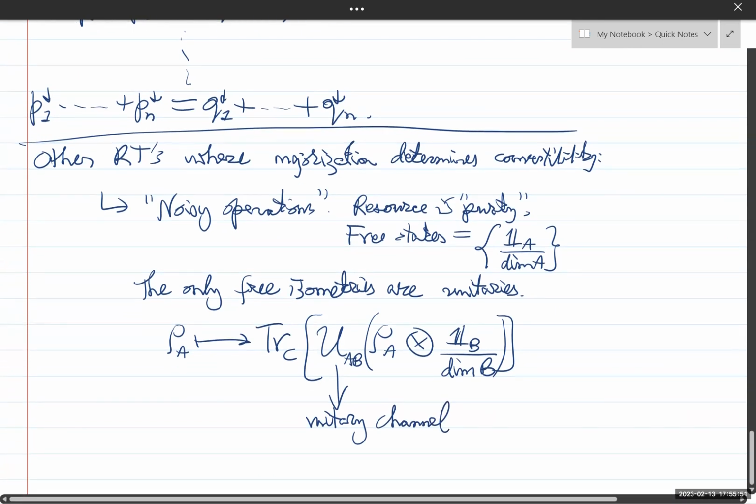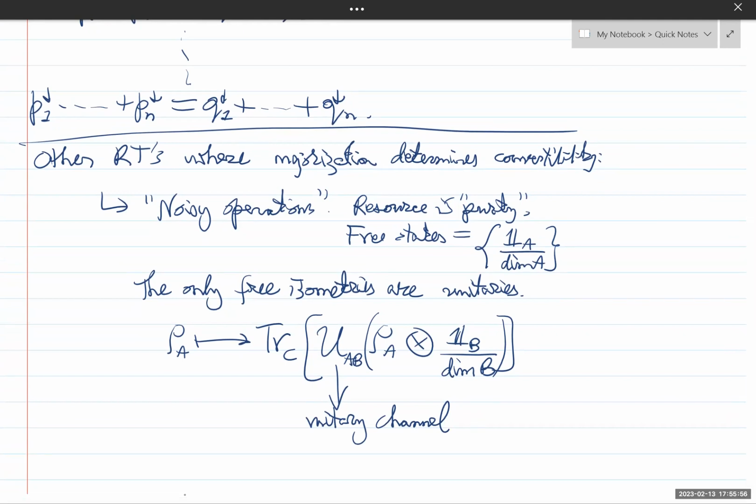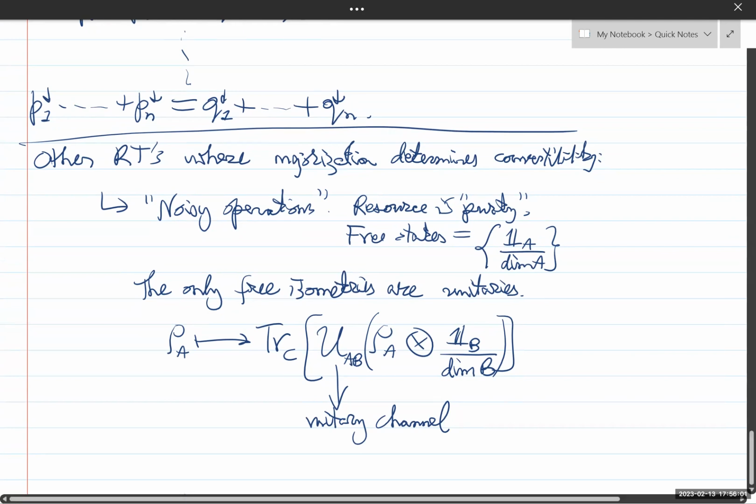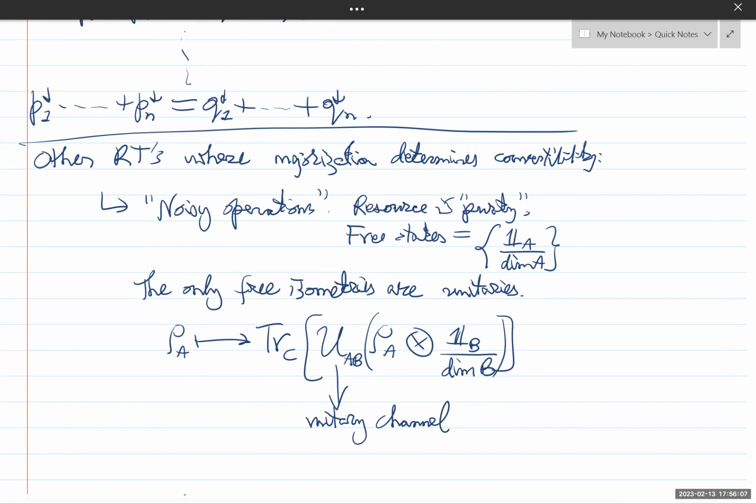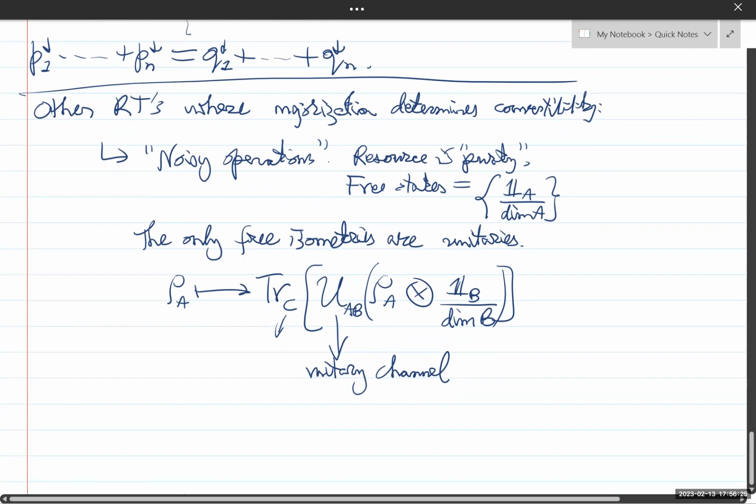So you just take the state you had initially, you attach an ancillary system B prepared in its maximally mixed state, apply some unitary on the space of A, B, and then partial trace over an arbitrary subsystem of your choice. It doesn't have to be A or B or anything, it could be any subsystem. So this class of operations is called noisy operations.